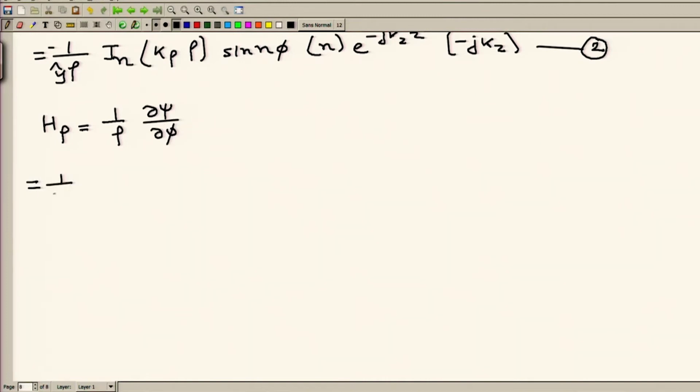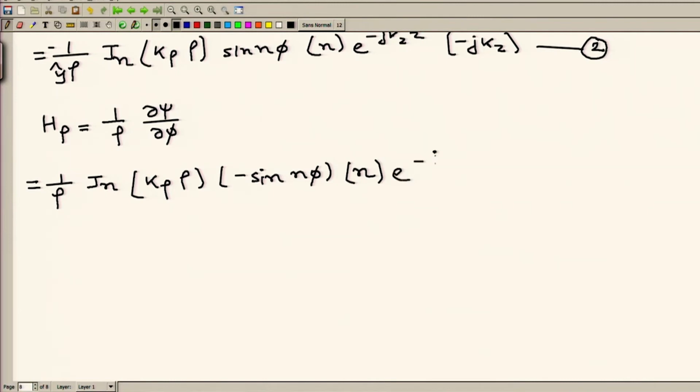With respect to phi we are differentiating, so it will be Jn k rho, minus of sin n phi, n e to the power minus j k z.